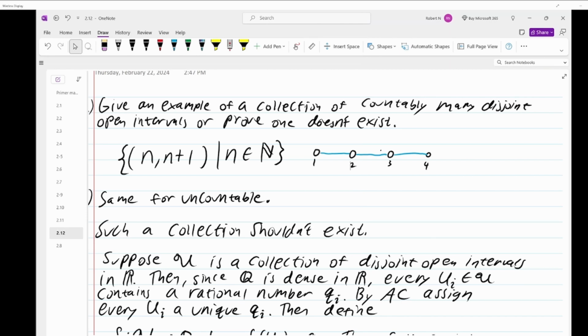When Q is dense in R, it means pick any two distinct elements of R, and there is a rational number strictly between them. So every interval in the collection has a rational number in it. Q being dense in R does not make intuitive sense to me, but if you are saying it's true and I'm choosing to believe it, then the rest of it makes sense.